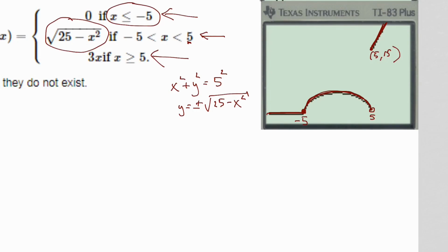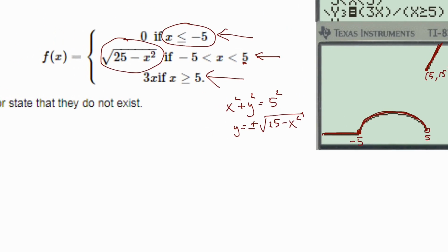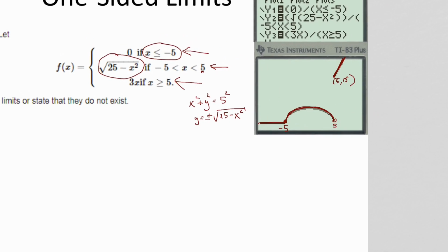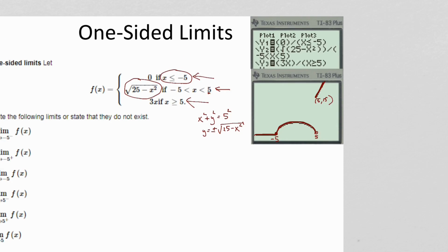So the first thing I wanted you to think about is actually what this function looks like, and the way you graph this function. The details, the screenshot of what you need in your calculator, is there.